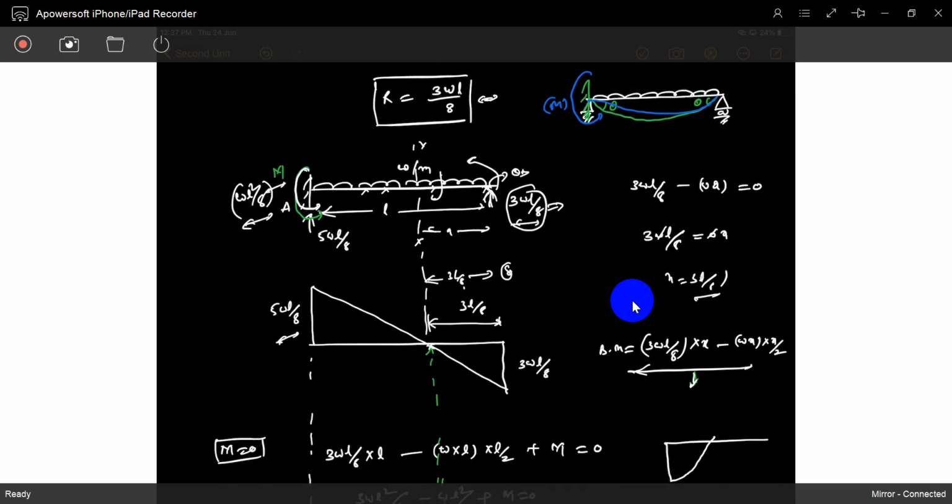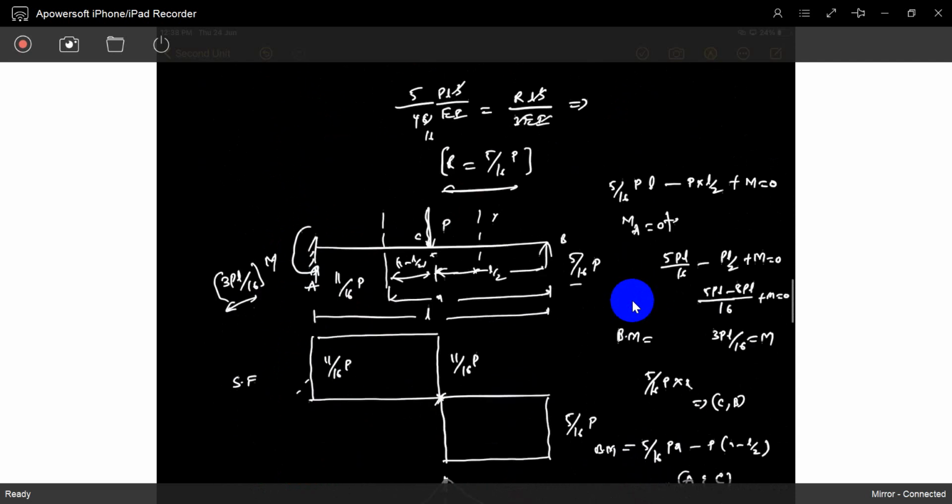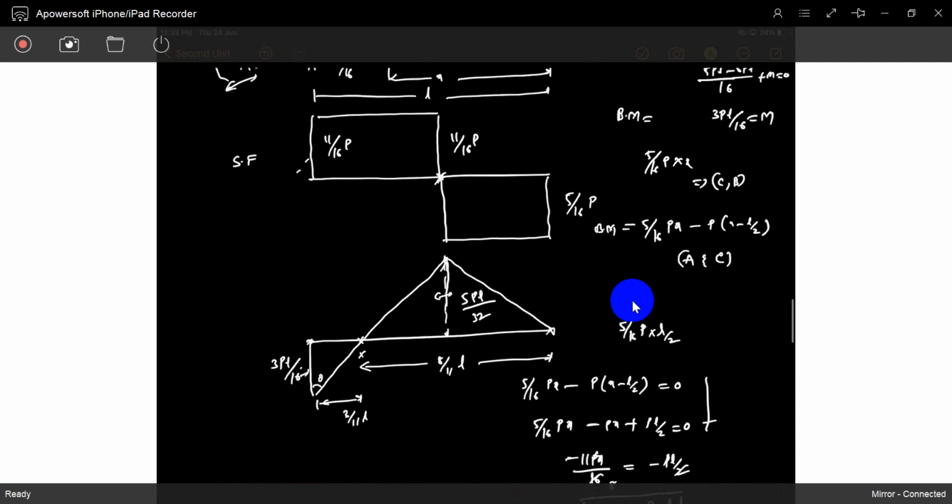Are you understood? I will also give an assignment on the same thing. You want to find out the exact deflection and rotation at this point. Just one multiplication is in your example.